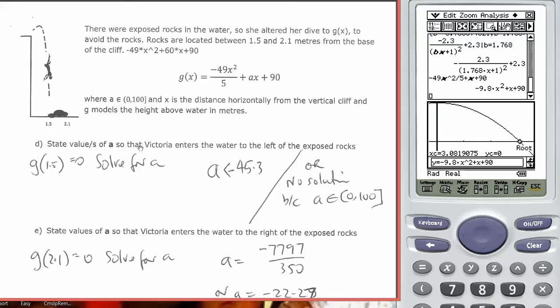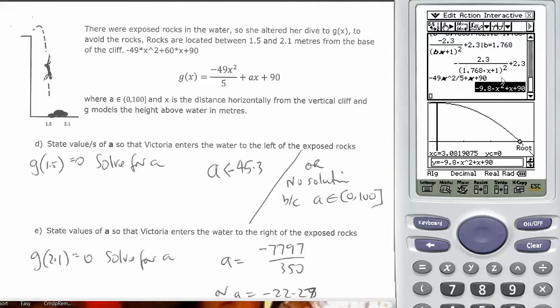Okay, so what are the values of a so that Victoria enters the water to the left of the exposed rocks? Here are the exposed rocks. If she enters to the left of the exposed rocks, then I actually want to find g of 1.5 equaling 0, and that will tell me the a value that is hitting those rocks.